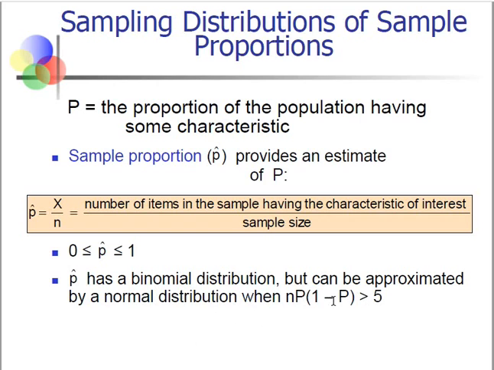Unless this condition is achieved, it is binomially distributed. If the condition is achieved, then it is normally distributed.